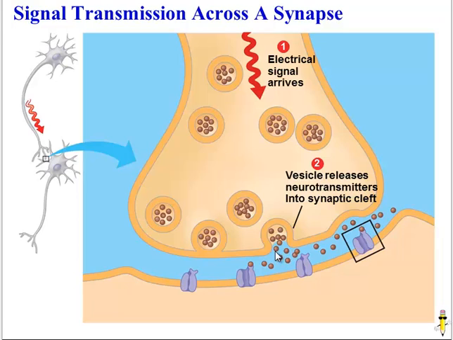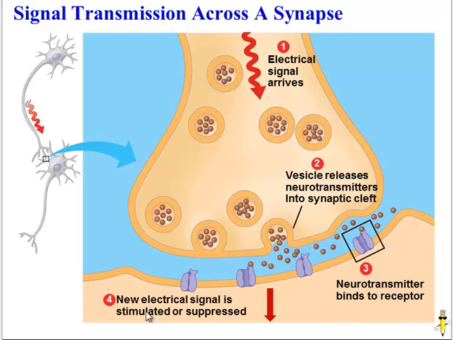You might recognize this process as exocytosis. Then those neurotransmitters diffuse across the cleft and they will bind to a receptor protein on the receiving neuron. Now that binding triggers a response in the receiving neuron. It might trigger a new electrical signal, or it could suppress an electrical signal.